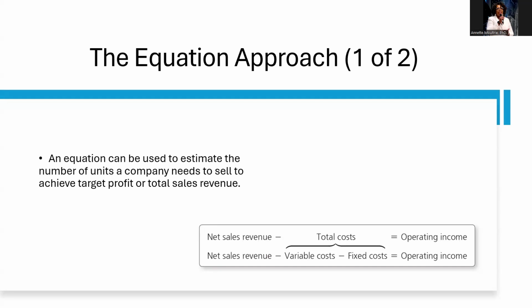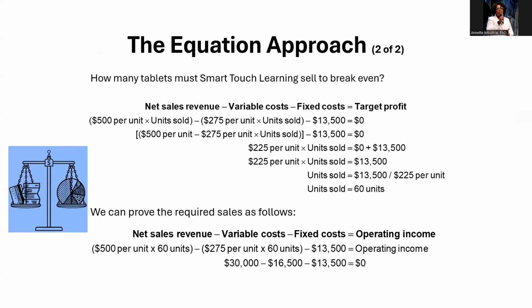You have net sales revenue minus total cost equals operating income, or net sales minus variable costs minus fixed costs equals operating income. We'll look more into the equation approach in the next slide.